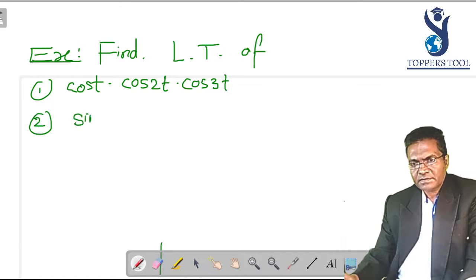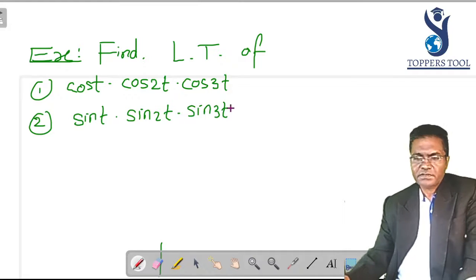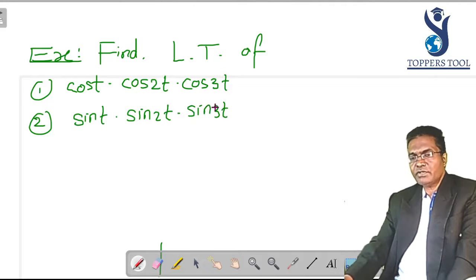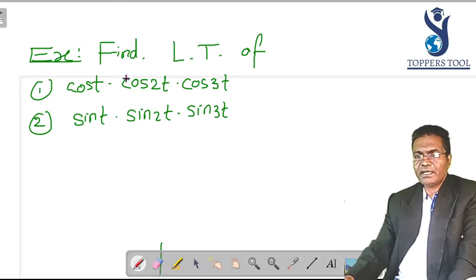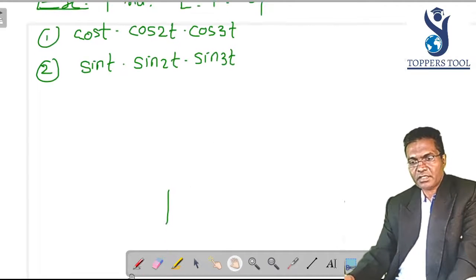Similarly, sin t, sin 2t into sin 3t. Okay, product of three terms. Again, you need to convert it into a sum and then apply the Laplace transform.